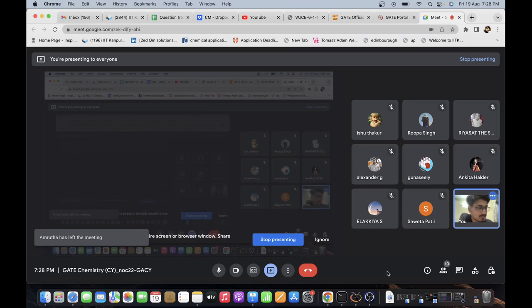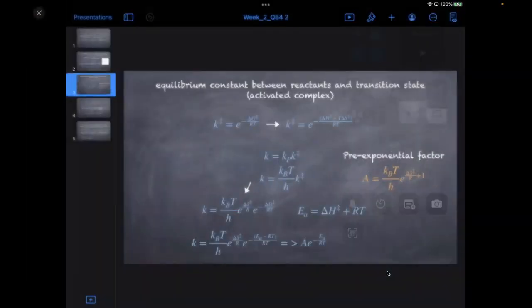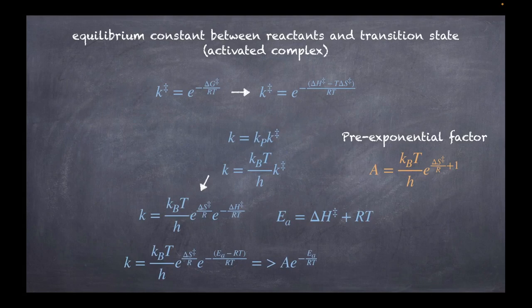Okay, so you all know the relationship between the activation energy and the enthalpy of activation, right? You all knew this relationship? Actually, it is an important relationship.